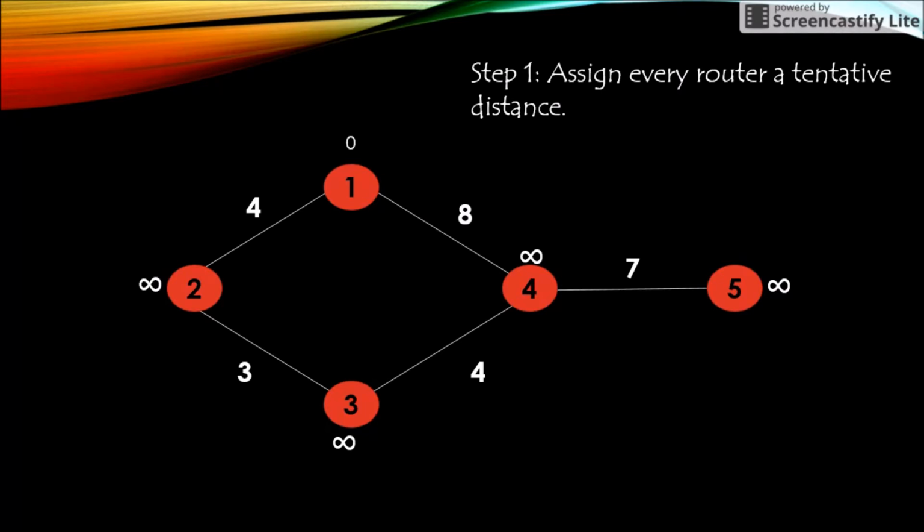To move through the source will always take a value of 0, while all other networks will be infinite. So as you can see, we always give the source a value of 0. Here, the source router being 1 gets a value of 0, while 2, 3, 4 and destination router 5 get a value of infinity.